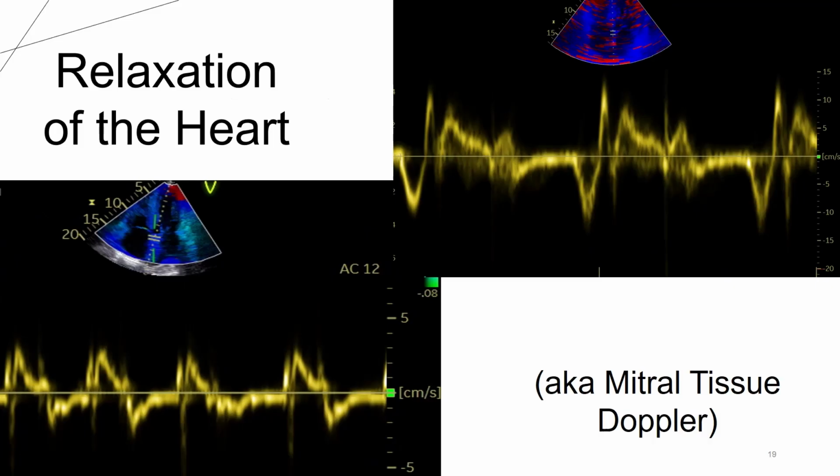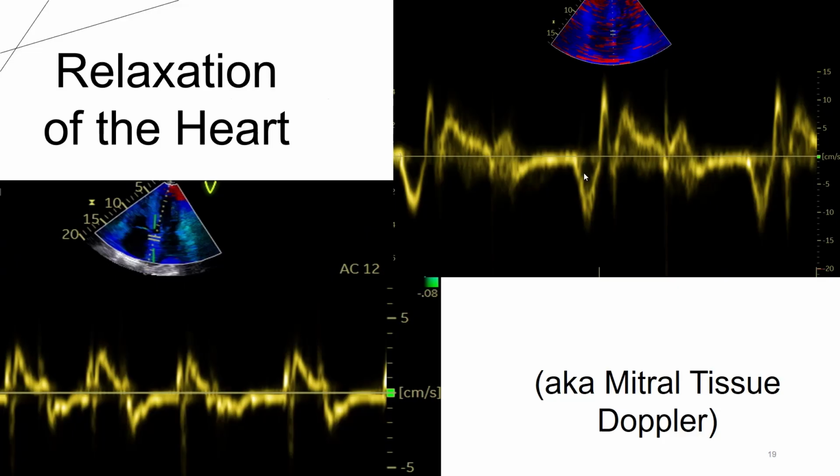The second thing that we really pay attention to, as I said, is the relaxation of the heart. You saw this picture before when I put the ultrasound on the mitral valve annulus here. It shows me that bounce that we talked about before. Notice how none of these waves go above 5. There's a sort of shortcut way to diagnose amyloid. Folks say that if all of these are below 5, 5, 5, and 5, then you want to put amyloid on the list of things it might be.